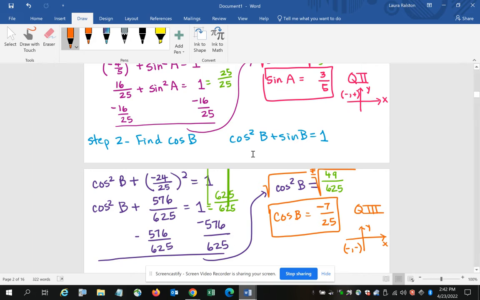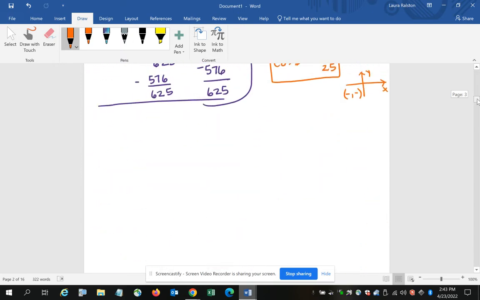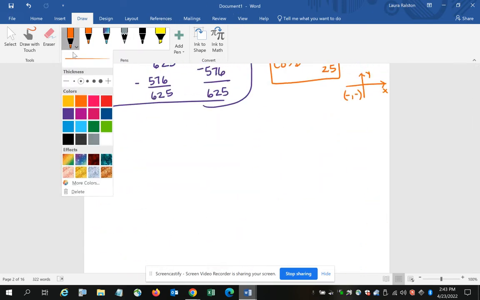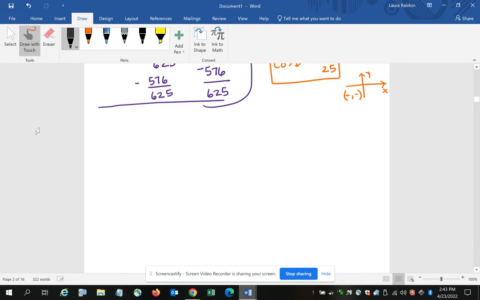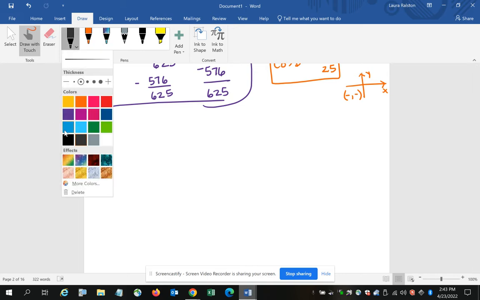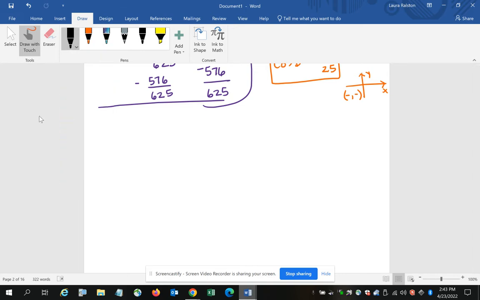So now I have all of the information that I need to plug in, and I'm going to write it down here so we don't lose track of everything. Okay, so we were told in the original problem that cosine A was negative 4/5.